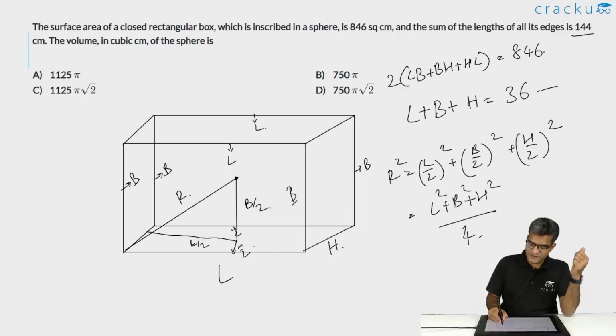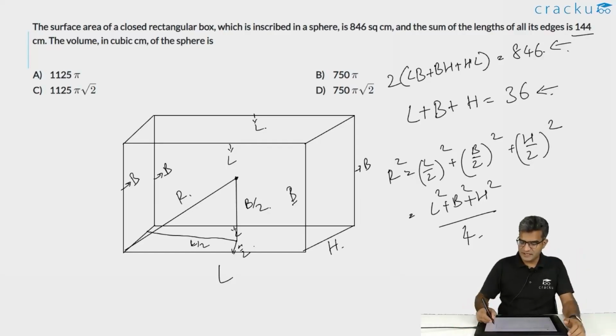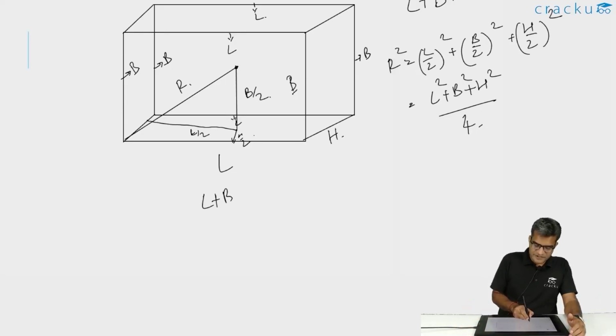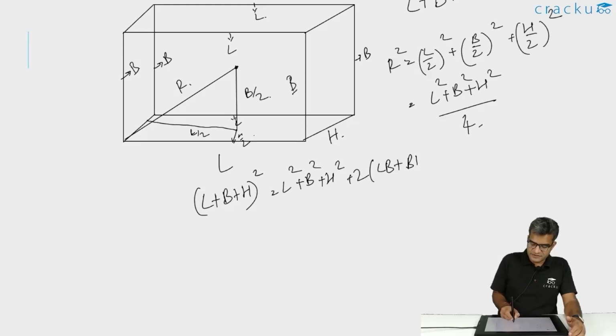We have the value of L plus B plus H. We have the value of 2 times LB plus BH plus HL. So we can calculate the sum of the squares, L square plus B square plus H square. We know that L plus B plus H whole square is equal to L square plus B square plus H square plus 2 times LB plus BH plus HL.